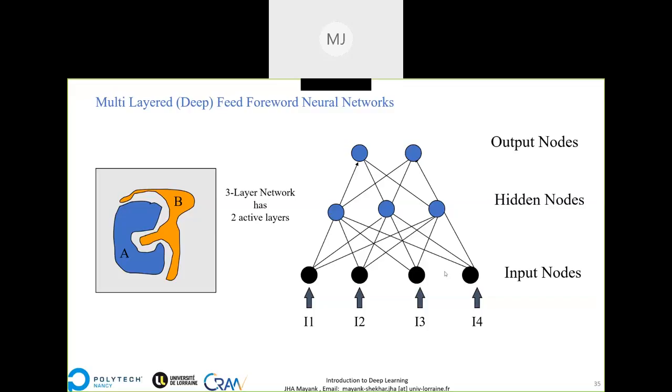Now we talked about the inputs. Let's say these are input nodes. We talked about the neurons. That's your input layer. This is the first hidden layer, right?